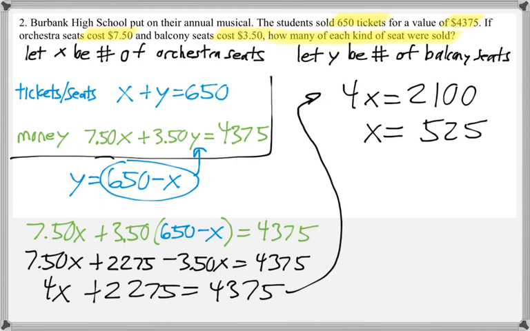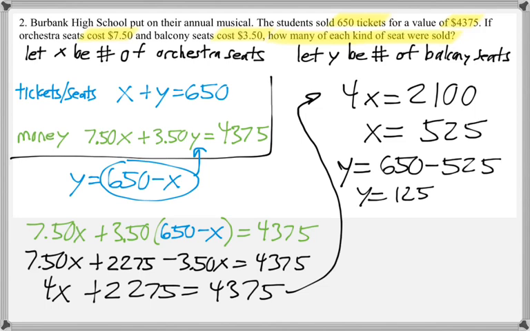And then I want to plug that into here for the other one. So y is equal to 650 minus x, but I know what x is, it's 525. So y is equal to 125.